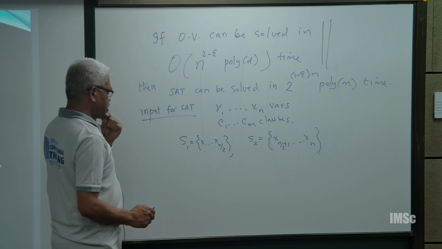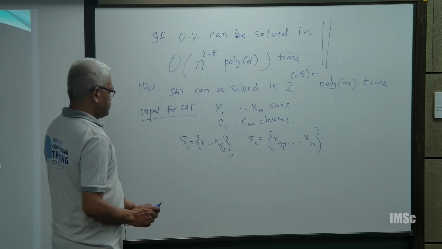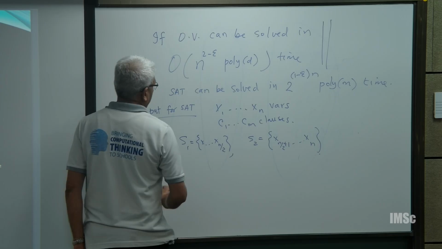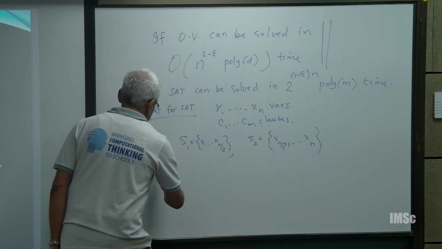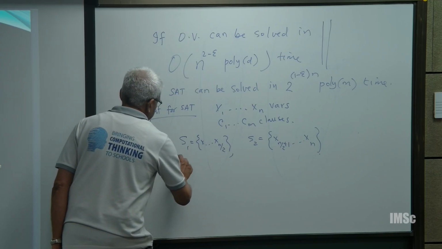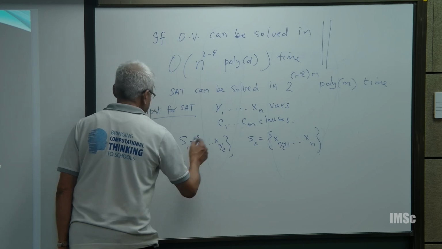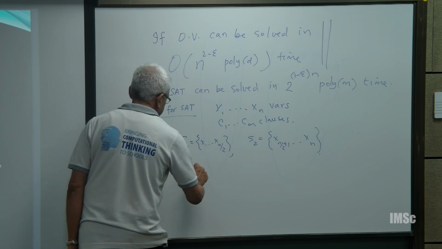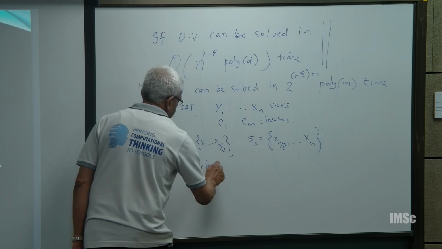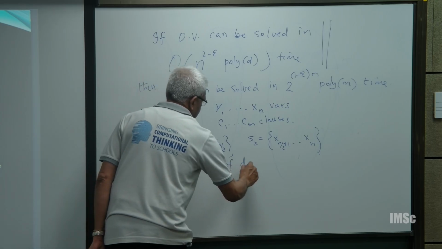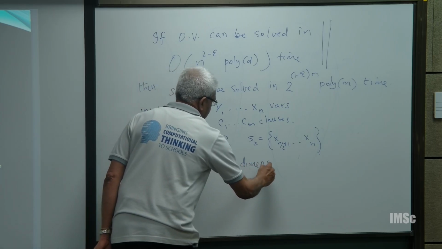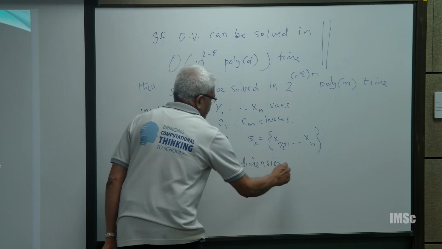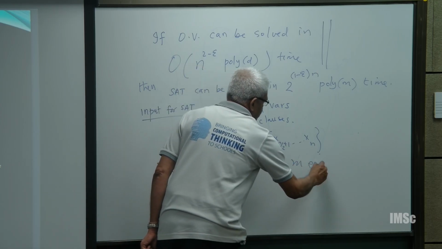And I am going to construct n vectors, where n is 2 power n by 2, actually 2 power n by 2 plus 1, of dimension m each.